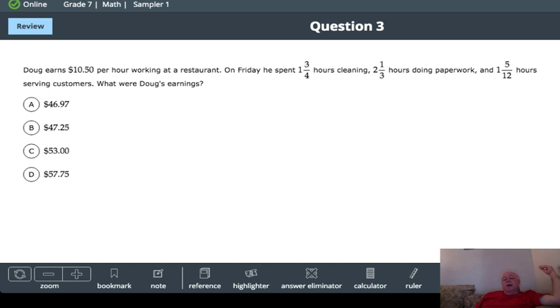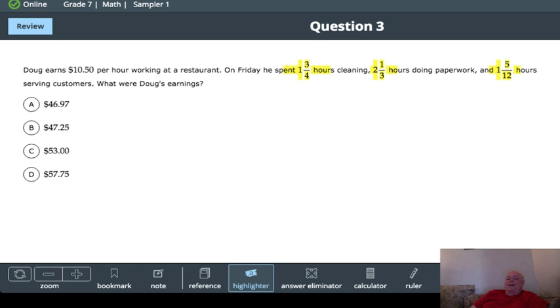Okay. There's also other things. What I like to look for first, particularly as it relates to this here, I like to see if I can get something as a decimal first. So that could be 1.75. The problem is 2 1/3 and 1 5/12. They don't map into decimals directly. A third is repeating 0.333333, and so on.